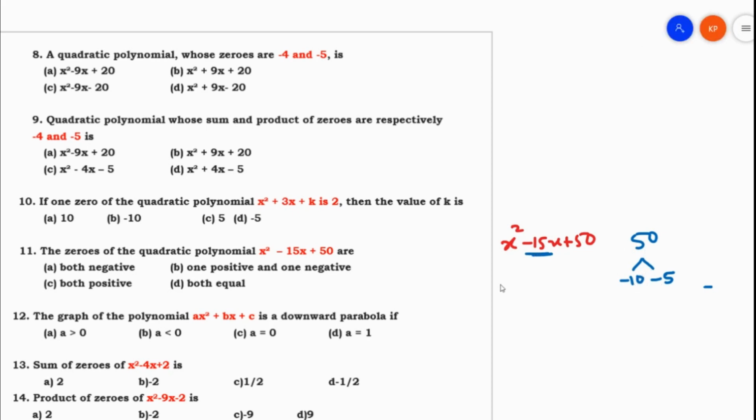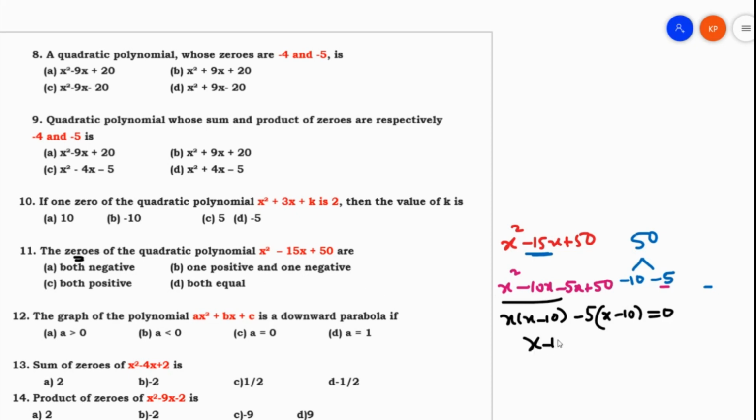So we'll continue. x square minus 15x can now be written as x square minus 10x minus 5x plus 50. For the first two terms I will take x common, giving x minus 10, and for the second two terms I will take minus 5 common, which gives x minus 10. I will equate with 0 because in the question they are asking to find the zeros.